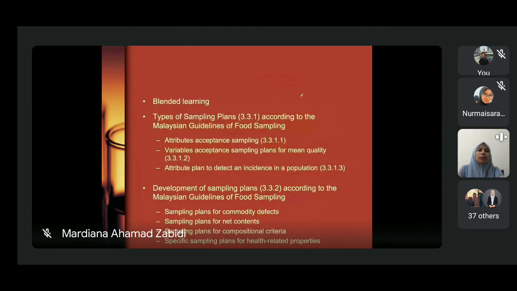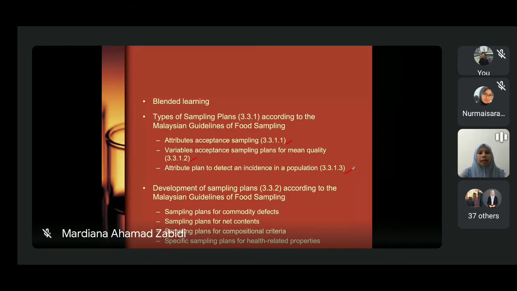Okay, so untuk blended learning, for this particular slide, I have posted together the document for the Malaysian guideline of food sampling. So can you please read on this particular subchapter. This one is 3.3.11, 3.3.12 as well as 3.3.13. Okay, attributes of acceptance sampling, variables, and then attribute plan to detect an incidence in the population.